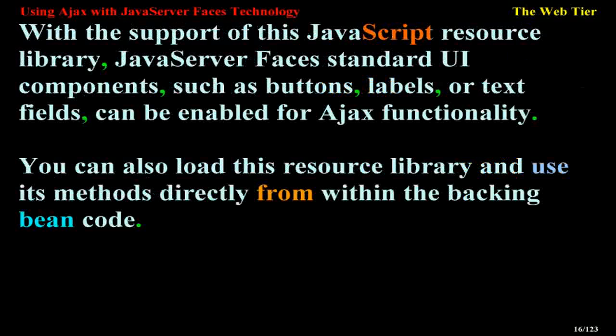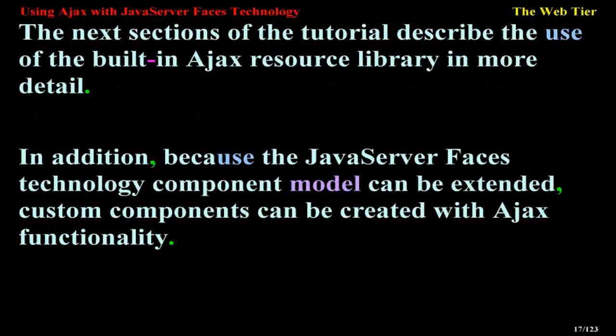With the support of this JavaScript resource library, JavaServer Faces standard UI components, such as buttons, labels, or text fields, can be enabled for Ajax functionality. You can also load this resource library and use its methods directly from within the NetBeans code. The next sections of the tutorial describe the use of the built-in Ajax resource library in more detail.